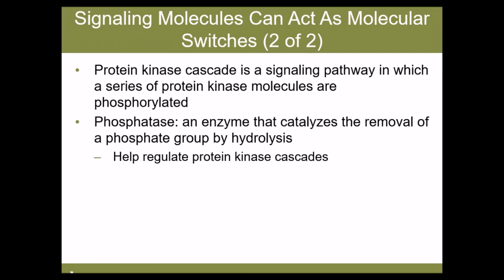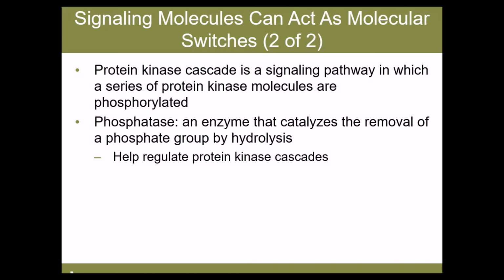And so what we're talking about here is what's called a protein kinase cascade. Those protein kinase molecules become activated whenever you add phosphate to that group. The term phosphorylated or phosphorylation just means that they use an enzyme called protein kinase to add the phosphate group to the molecule inside.